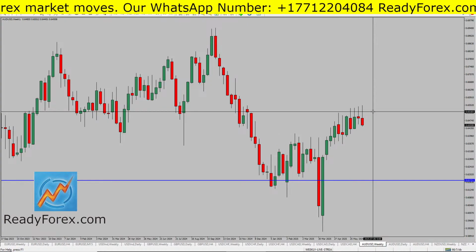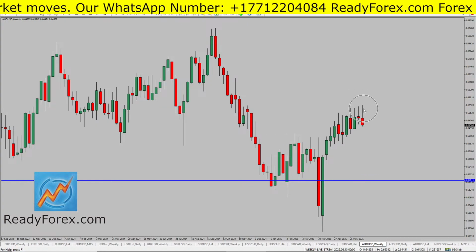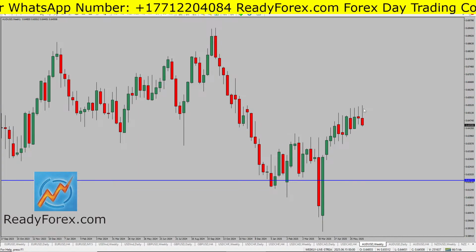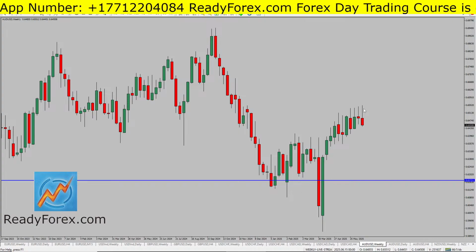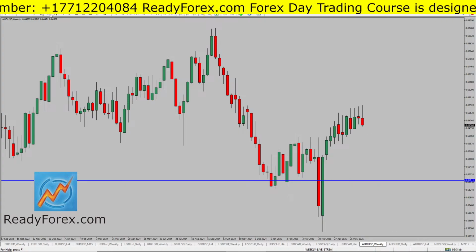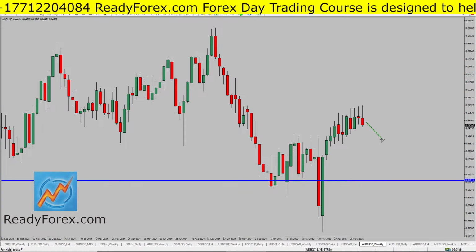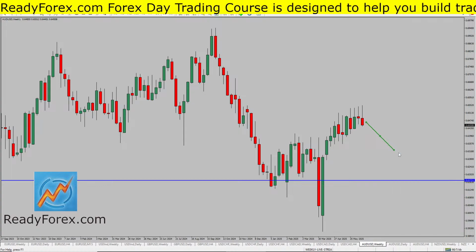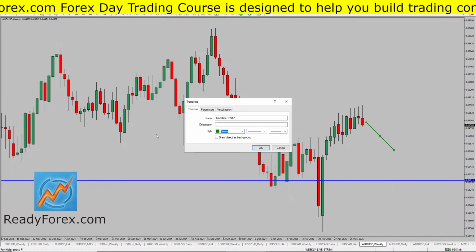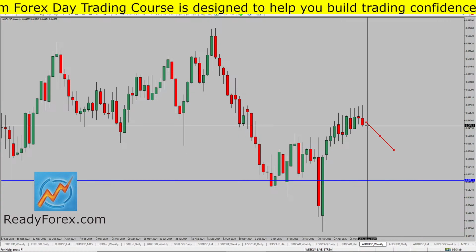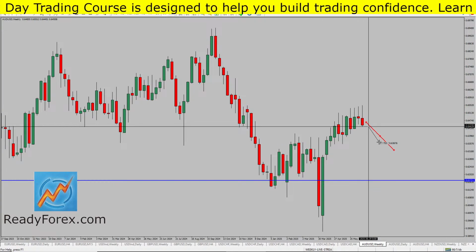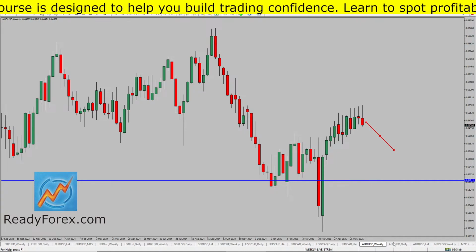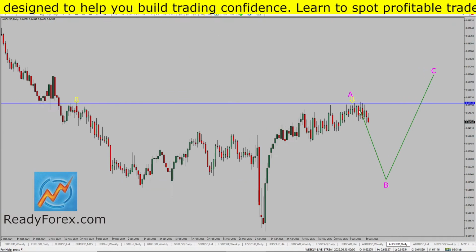So I would tell you simply that the sellers are trying to push the market down. Next week, it's quite possible that the currency pair might get maybe a second week or maybe a candlestick as well.